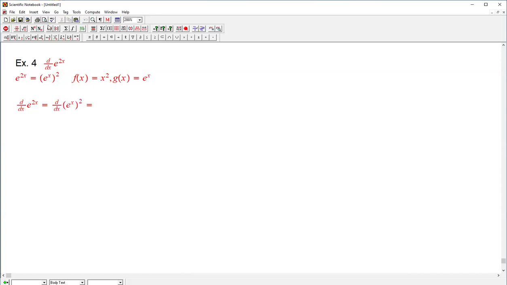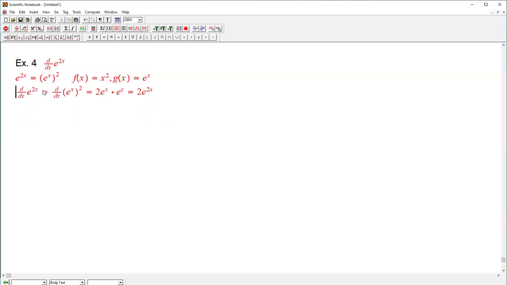You first differentiate x squared, which gives you 2 times e to the power x, multiplied by the derivative of e to the power x, which of course is still e to the power x. In the end, you get 2 times e to the power of 2x, because you add the exponents x plus x.